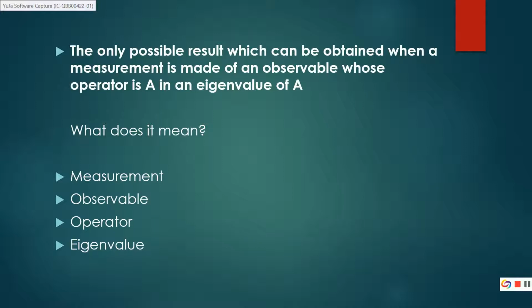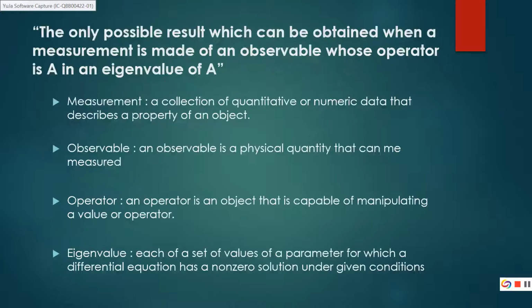But if you look at this sentence carefully, we can find 4 important keywords, which are measurement, observable, operator, and eigenvalue. First keyword is measurement. Measurement is a collection of quantitative or numeric data that describes a property of an object, and observable means a physical quantity that can be measured.